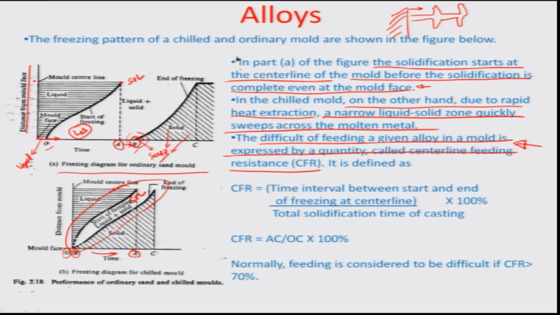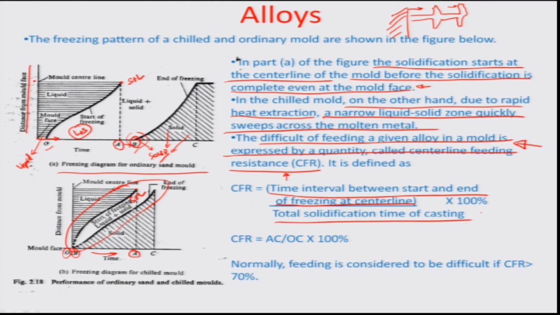So, think of it, the liquid is coming through the gate region into a mold, and it is facing so much of solidified front as it moves from the mold face onto the inner center line of the mold. So, there is something called center line feeding resistance which would develop, and typically this is the time interval between the start and end of freezing at the center line as a percentage of the total solidification time of the casting.